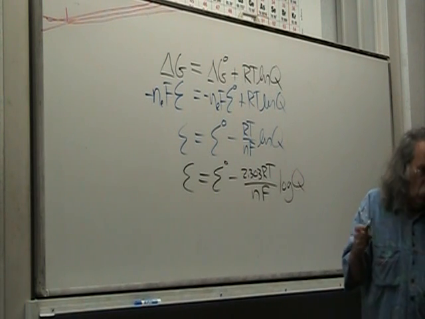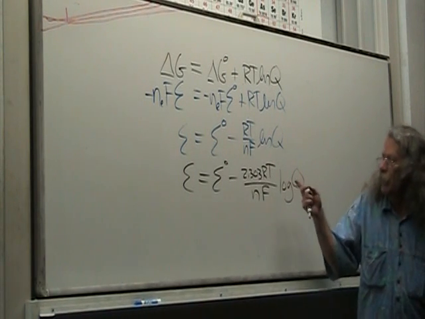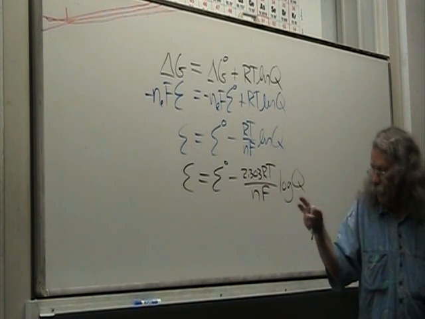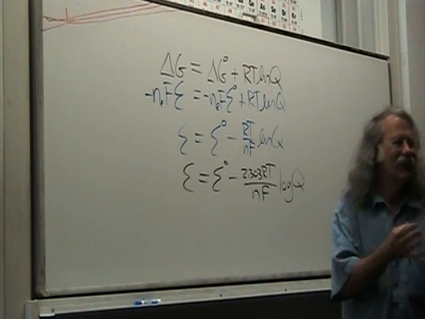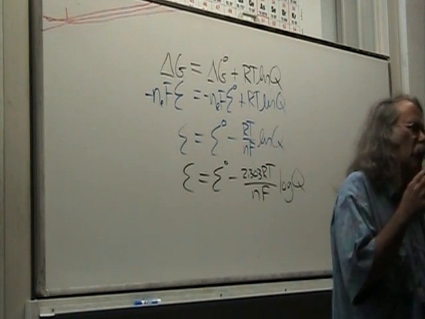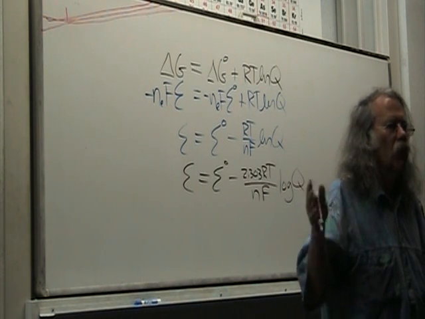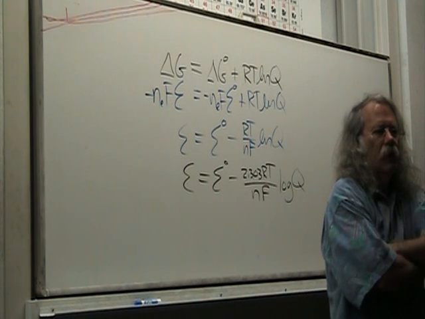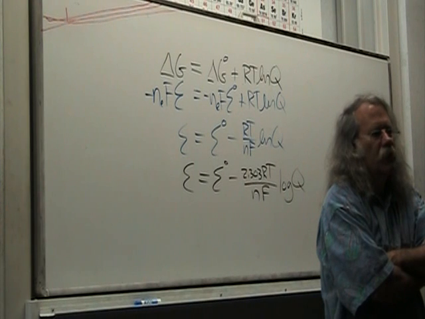Since we're not as interested in the temperature features, we're interested in the change from standard conditions. What are standard conditions? 25 degrees Celsius and 1 atmosphere for every gaseous reagent and 1 molar concentration.